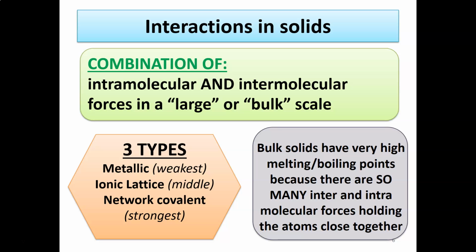And so that's why we get these very high properties. Network covalent are not very common. You are going to have to just memorize a couple of examples. They're covalent molecules, but they have some special properties to them.